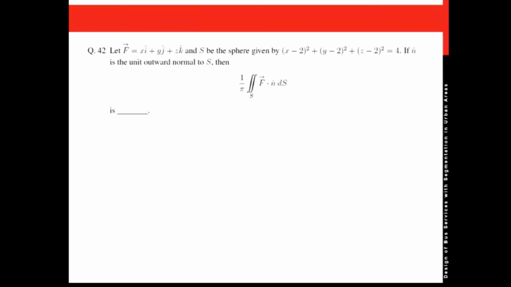Comparatively, the easier part is vector calculus.